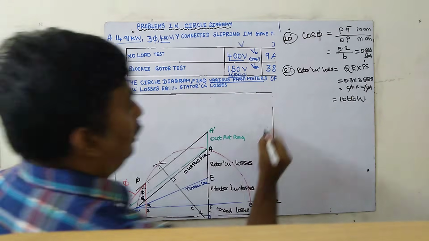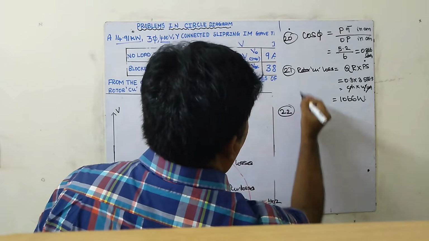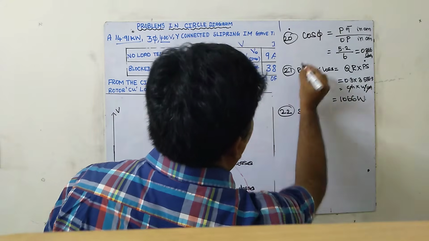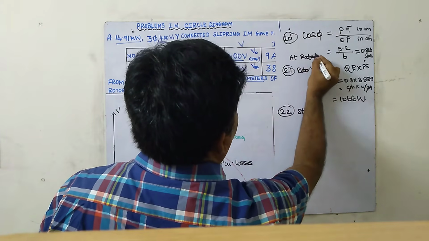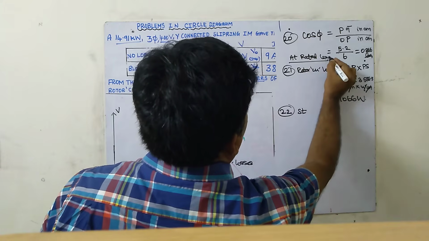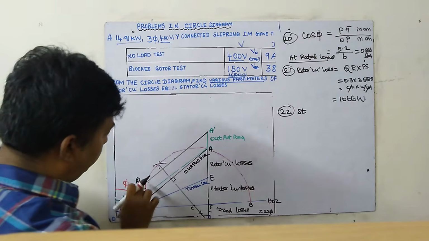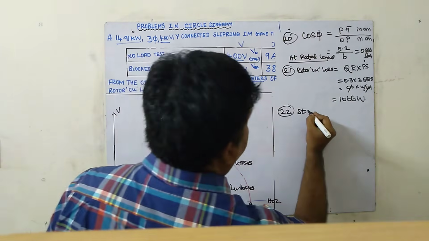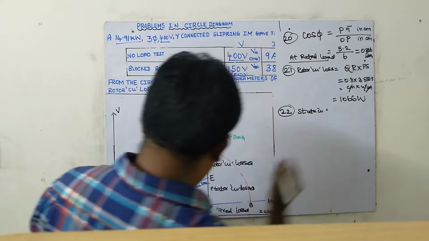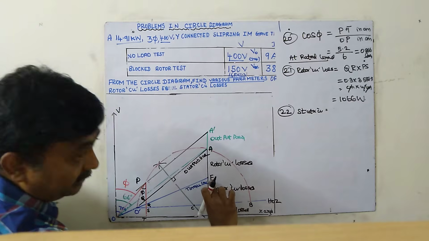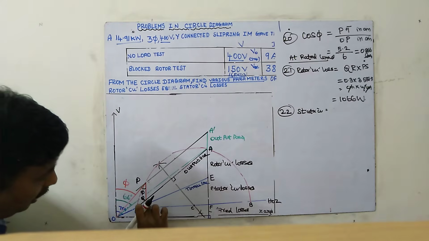Similarly, the 22nd step, the stator copper losses. All these are at the full load condition, at rated load. This is short circuit, this is rated load. The stator copper loss equals EF at short circuit condition. If you come like this, it is RS.